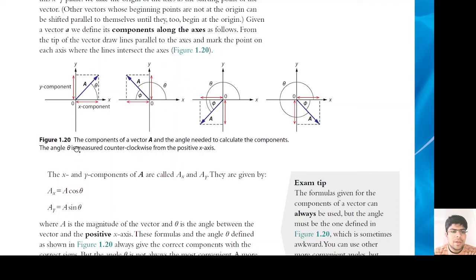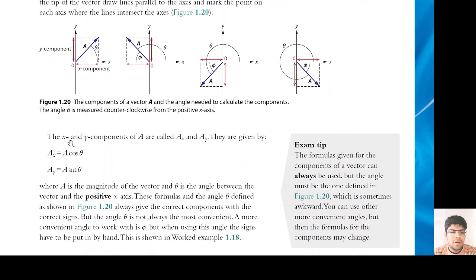The angle theta is measured counterclockwise from the positive x-axis. The x and y components of A are Ax and Ay. Ax is A cos theta and Ay is A sin theta. Remember this.